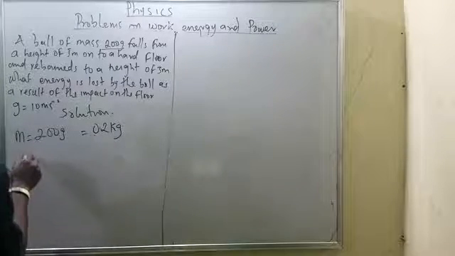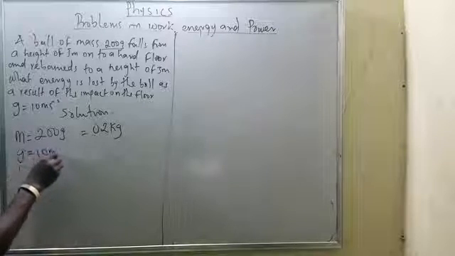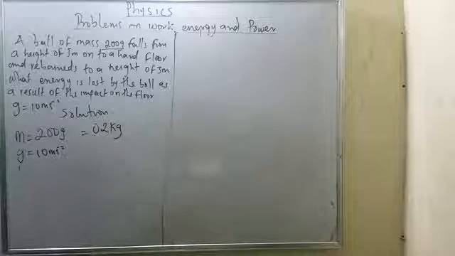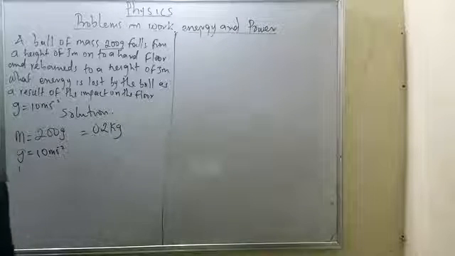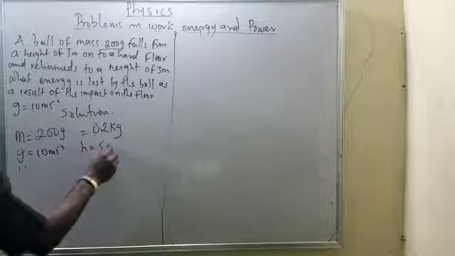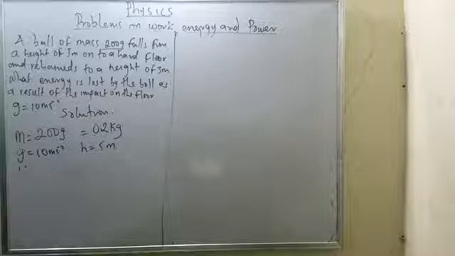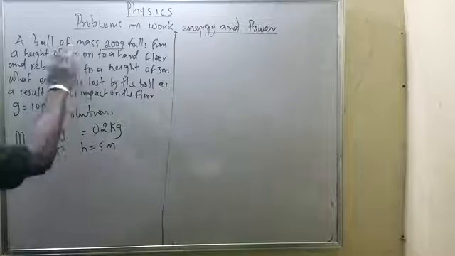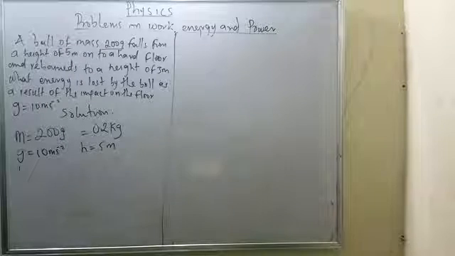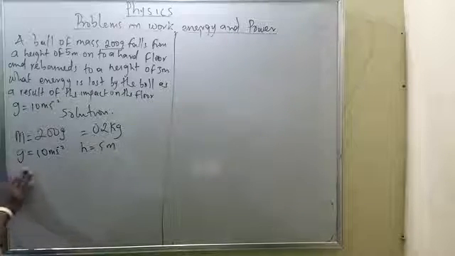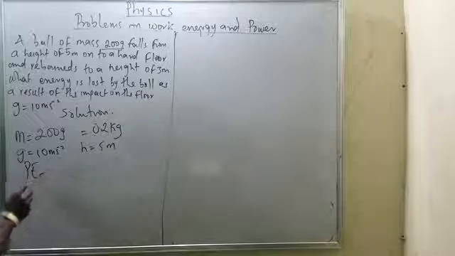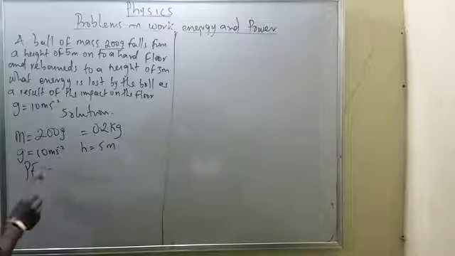Now my g, which is known as gravity, is 10 meters per second squared. Height is 5 meters. Now, since I know that all these are possible, and I want to look for the energy lost, I will move on by having the potential energy at height 5.